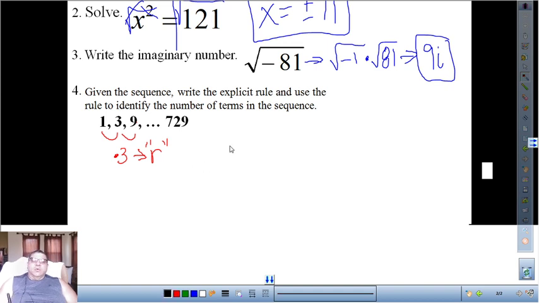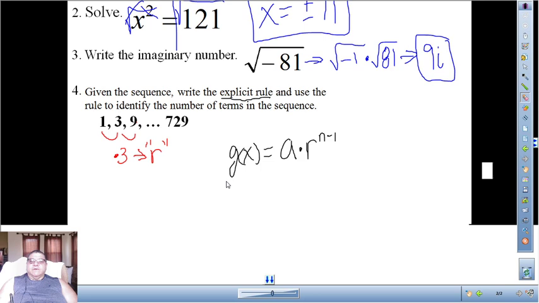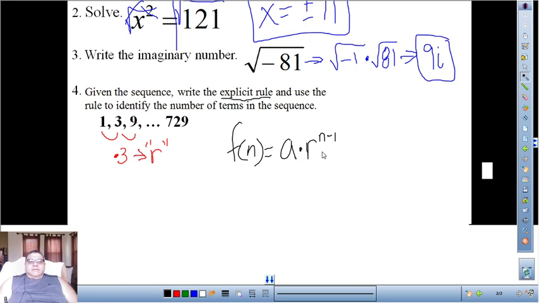So what's our explicit rule for geometric sequences? g of x equals a times r to the n minus 1. Let me change it to f of n. There you go. All right, so let's substitute values. We know that our r is 3.